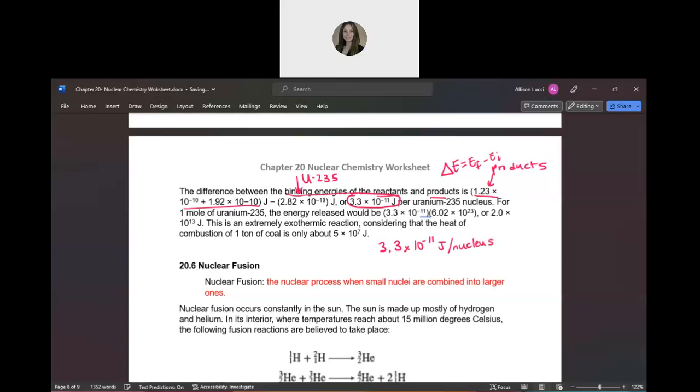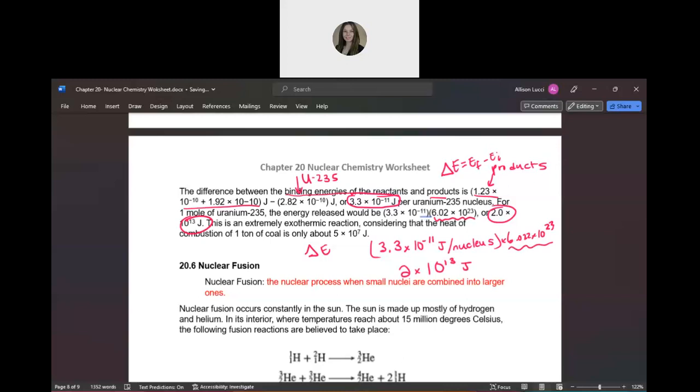We discussed earlier that this delta E value is the energy per nucleus, and when we multiply this by Avogadro's number, 6.022 times 10 to the 23rd, we find the amount of energy to be 2 times 10 to the 13th. Wow, that's quite a bit of energy that is released from a mole, or Avogadro's number, of nuclei.